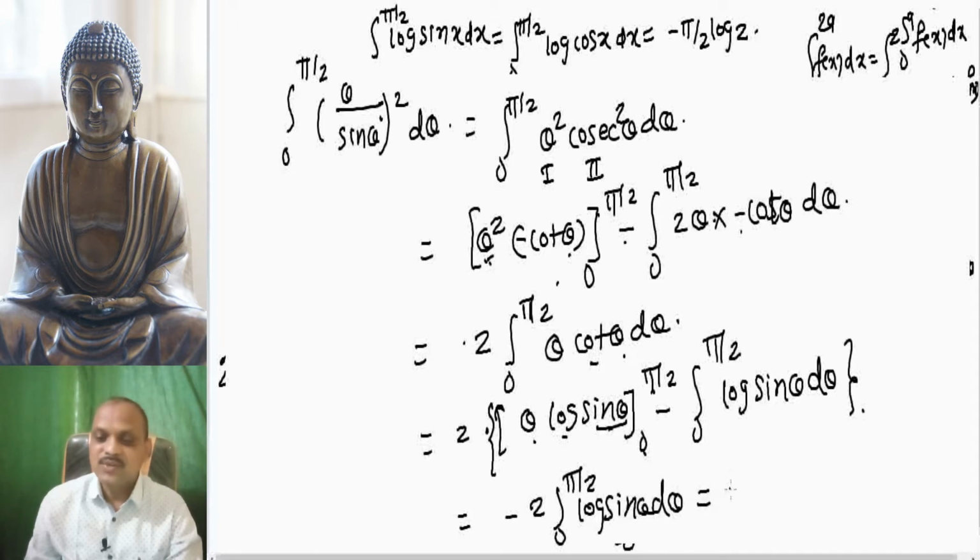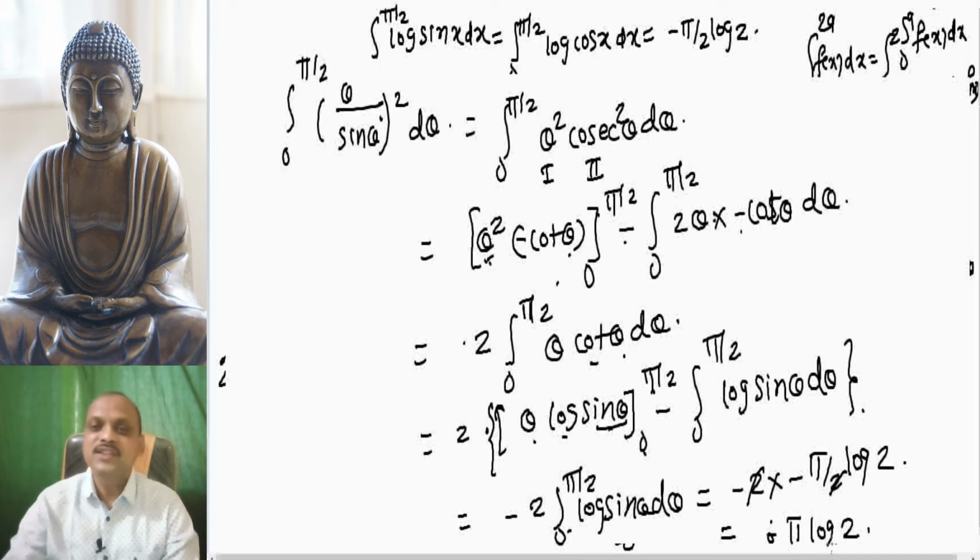But the integral of log of sin theta is minus pi by 2 into log of 2. We have proved this result. The 2s cancel, minus becomes plus, and we have pi into log of 2. Hence the integral of this is pi into log of 2.